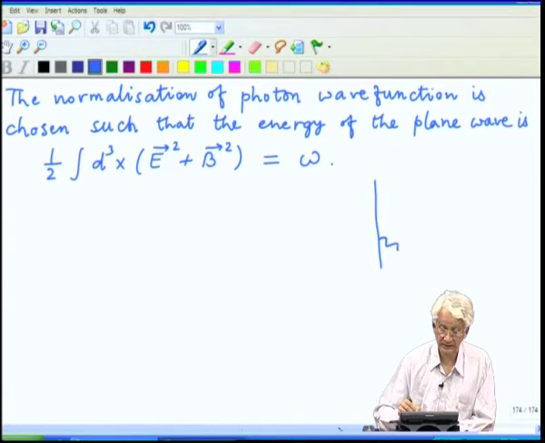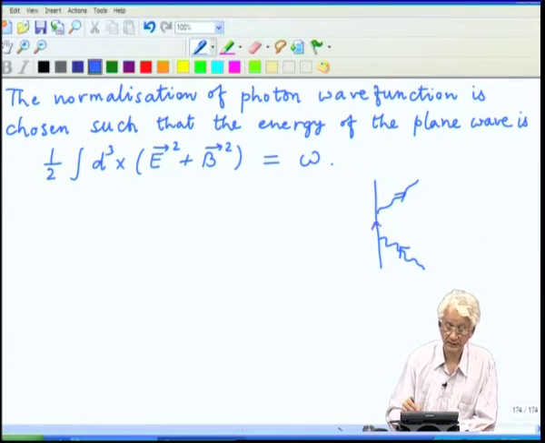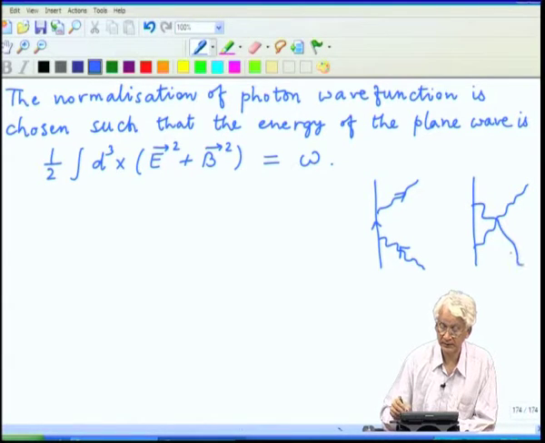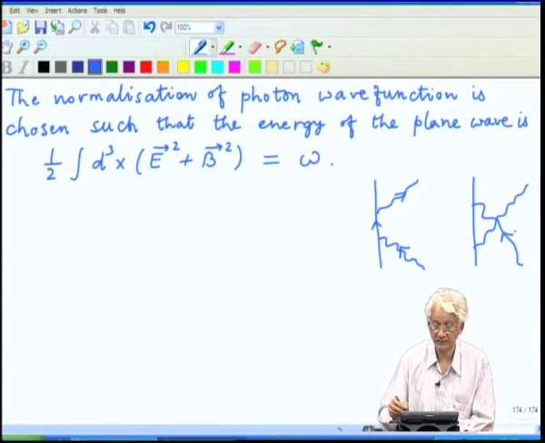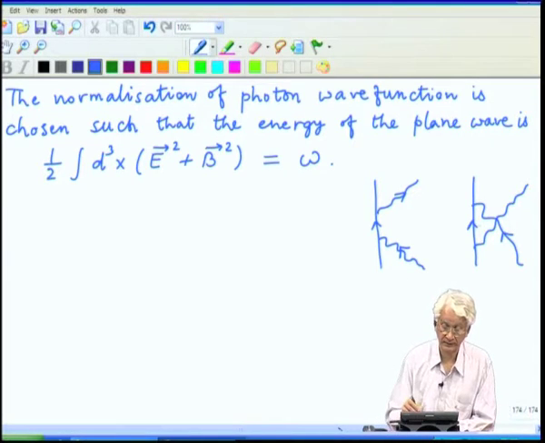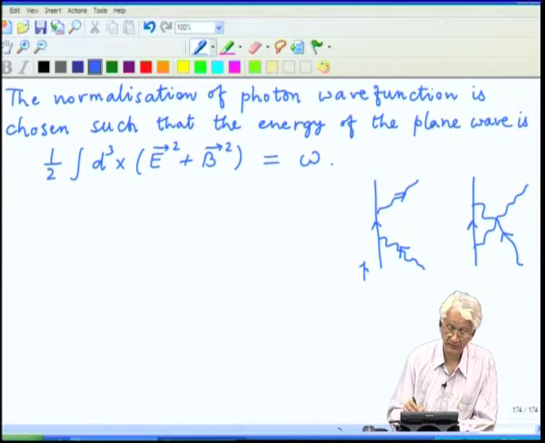One of them was the ordering where the incident photon is absorbed and then the final one comes out, and the other diagram was where the final one is emitted first and the incident one is absorbed a little later. So, now we can put some labels.